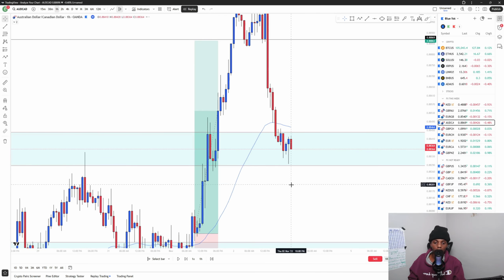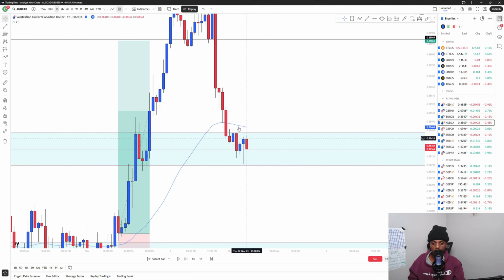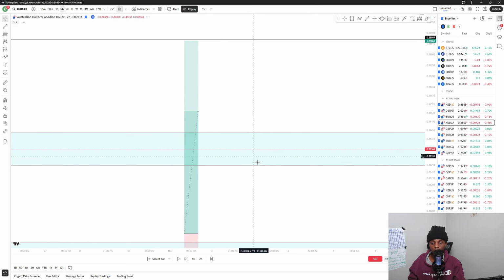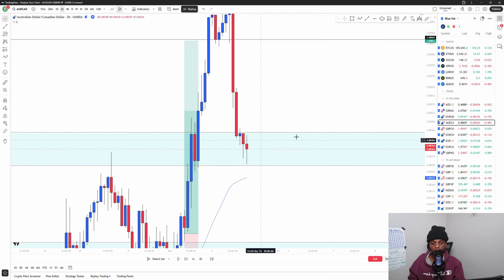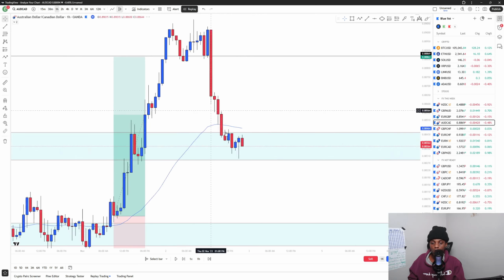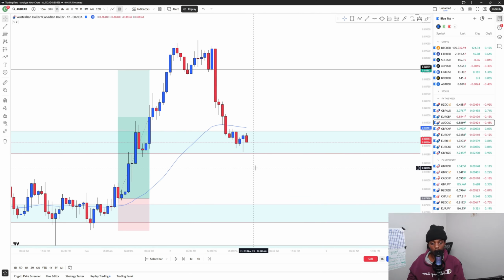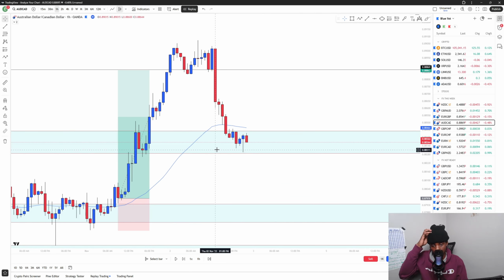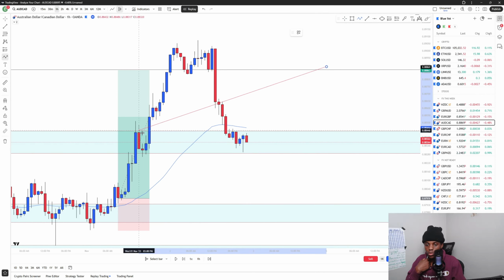Let's see how the 1 hour looks. 2 hour. Okay, not gonna lie, I'm a little hesitant to enter because when we're inside this zone, it kind of looks like price struggles to break above, as you can see right now.